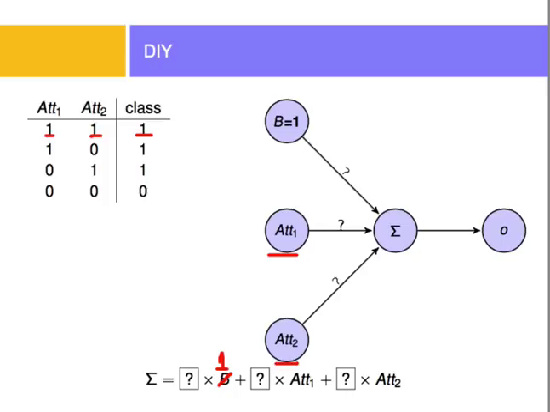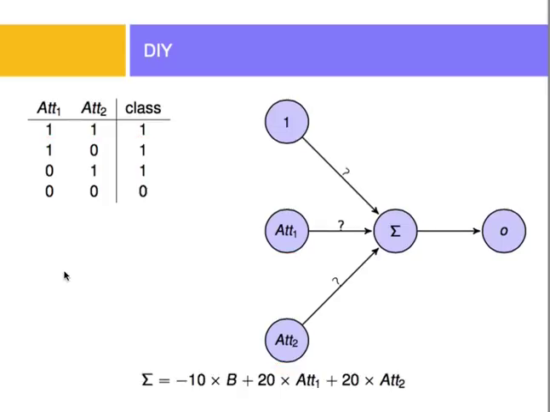Now, for example, I came up with the following weights. I came up with negative 10 for this one. So this is negative 10 here. 20 for the attribute 1 and 20 for the attribute 2. Okay, and that works. If you put, say, for example, 1, 0, this is negative 10 plus 20, because attribute 1 is 1, right?